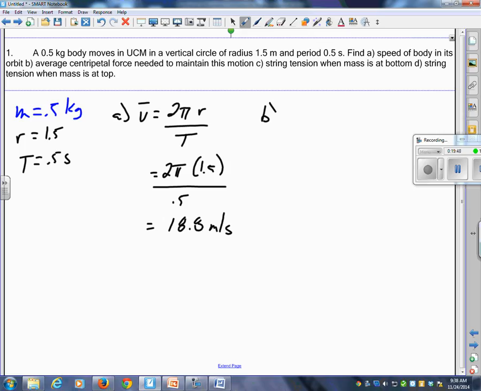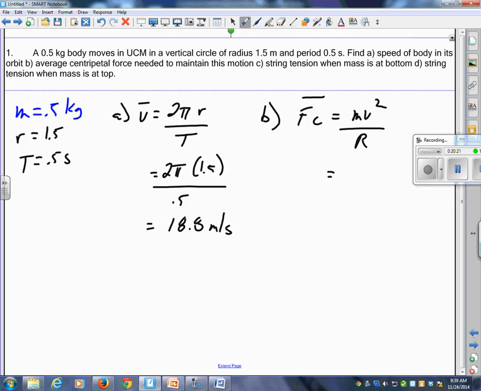Part B asks for the average centripetal force. Now, why does it ask for average force? Why not just force? Because the force does what? It's changing, right? So we want to know the average centripetal force, which is Fc. I guess technically, if you want to get statistically technical, we'd have to put a bar over that. It's mv squared over r. How come the mass matters with the force?